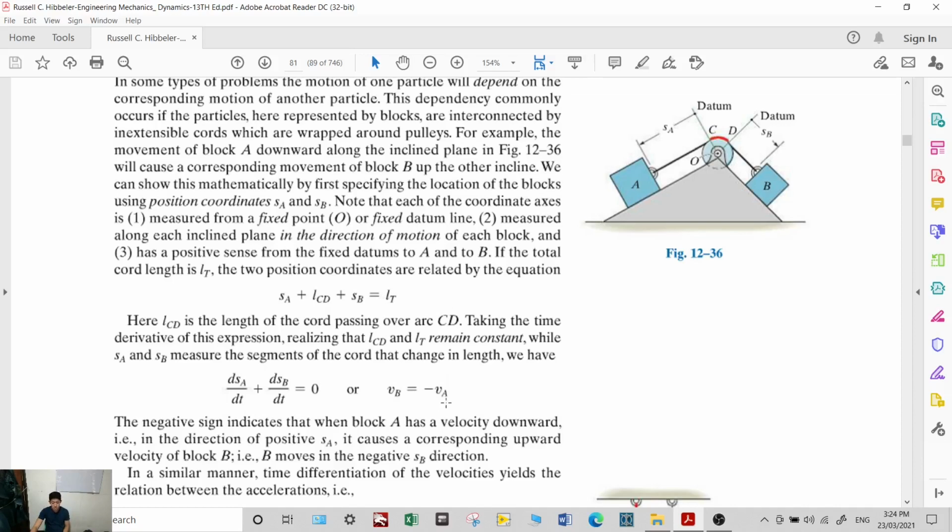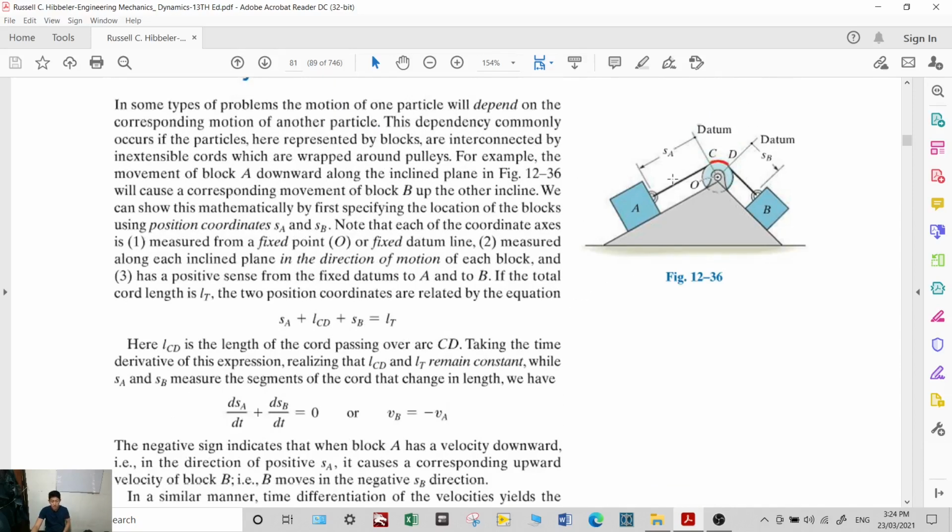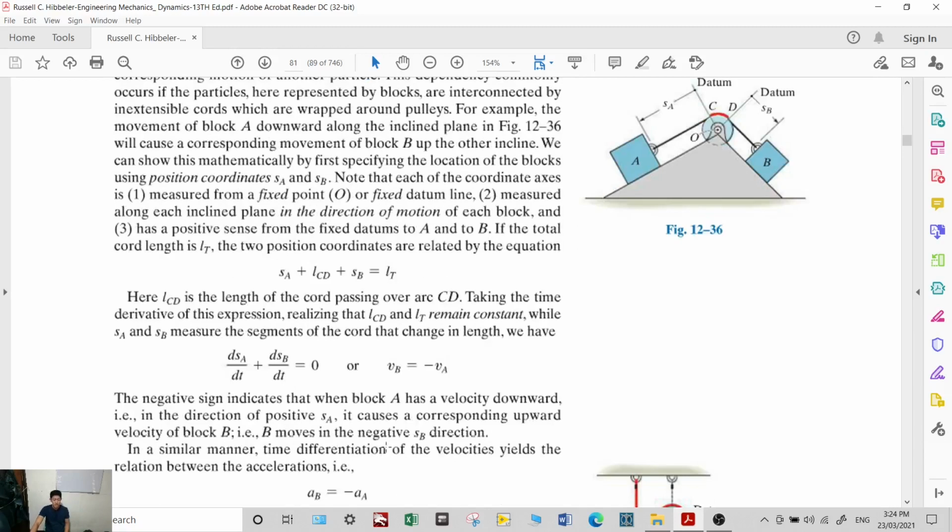Therefore, your velocity will be the opposite of the other. If you want to get the velocity of B, it is the negative of the velocity of A. The negative sign indicates that when block A has a velocity downward, in the direction of positive S sub A, based on the arrow, it causes a corresponding upward velocity of block B. B moves in the negative S sub B direction.